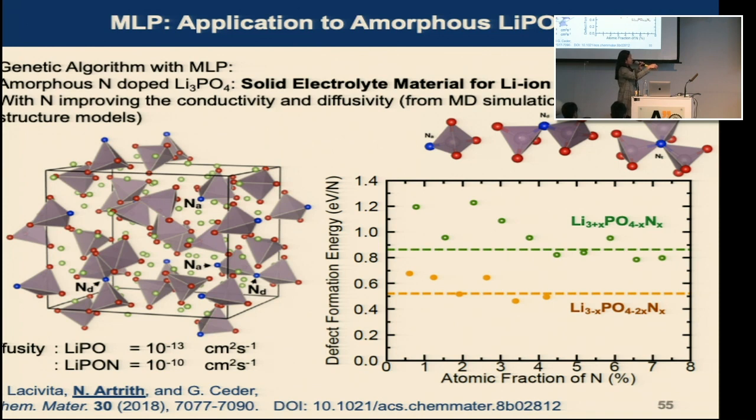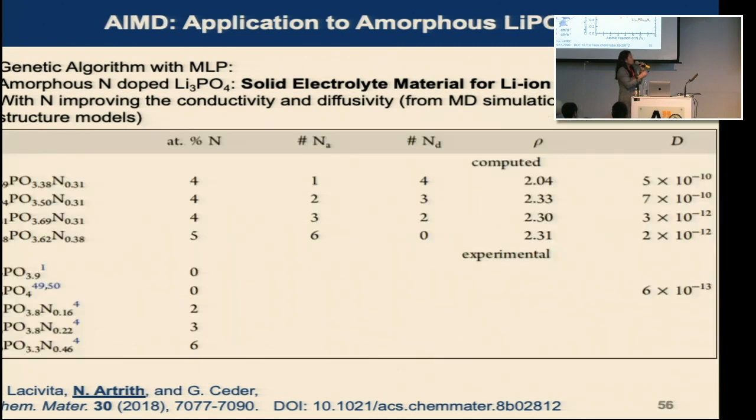And this is just the structure that we found from the neural network potential, and also from the DFT tool. Once we get the structures from the neural network potential, we use them to run AIMD.